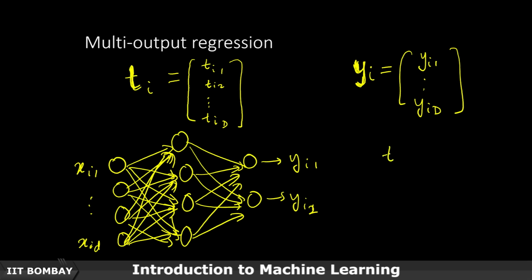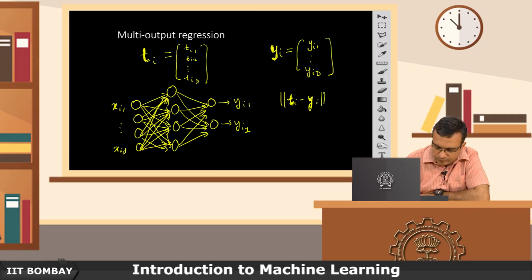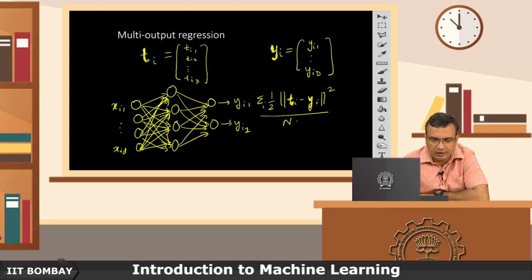So we will take Ti minus Yi, and we will take its L2 norm, and we can square it, and then we can take half of that, and we can sum it over all i, and then divide it by n, which is the number of training points. i ranges from 1 to n. So this is going to be the equivalent of mean square error, but for vector output.